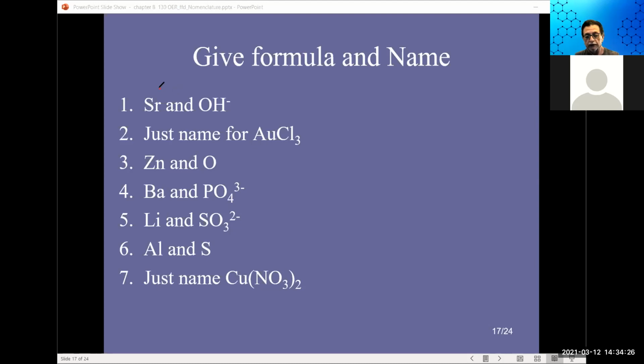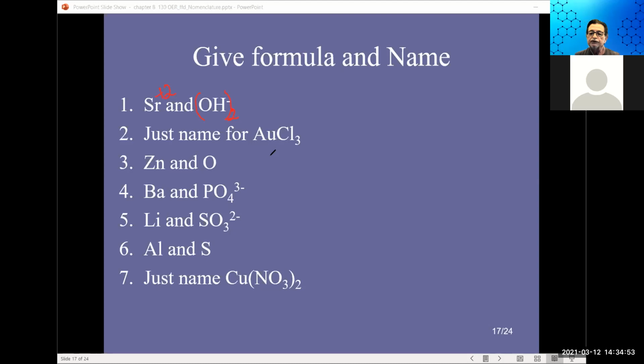So Sr is a metal and it has a group 2, so it will have a +2 oxidation state, which means that I'm going to need a parentheses for the hydroxide because each one is a -1, and I need 2 of them to cancel out the +2 of the strontium. Okay. Next one, I'll give all the answers here in a bit.